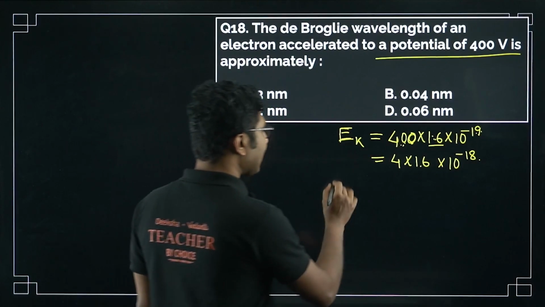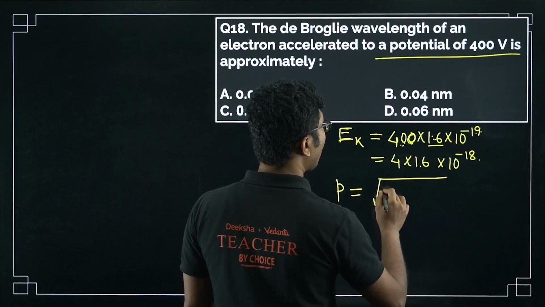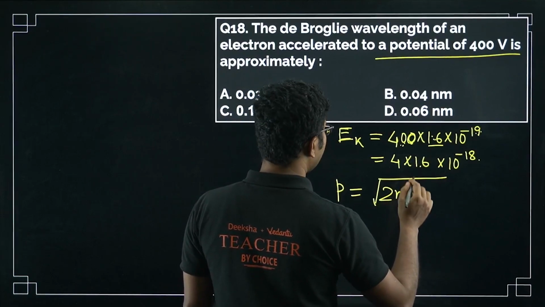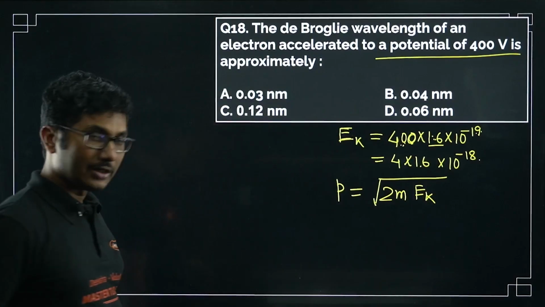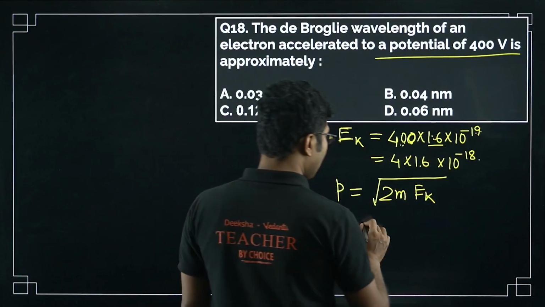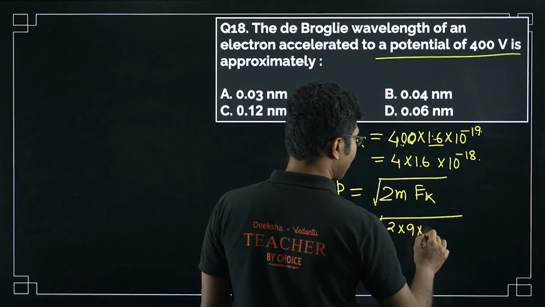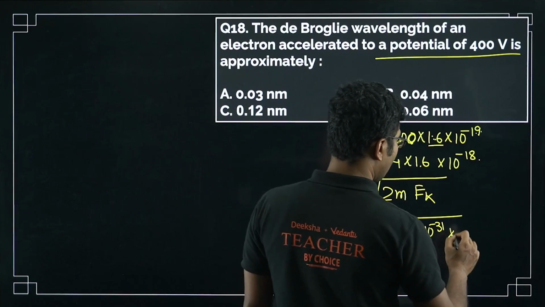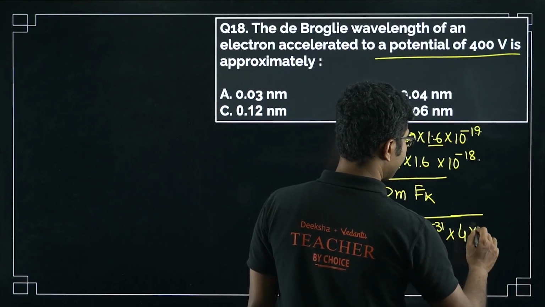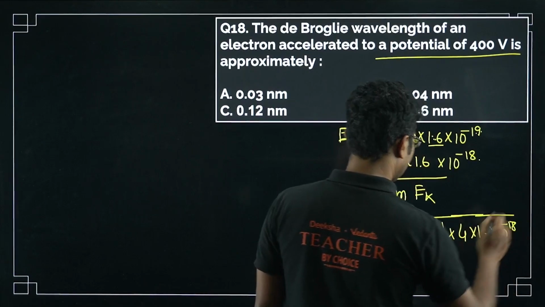What will be the momentum? What is the relation? Momentum is basically the square root of 2m into Ek. Now here I guess the mass of the electron should have been provided in the problem. Otherwise I will just use 9 into 10 to the power of minus 31 into 4 into 16 into 10 to the power of minus 18.